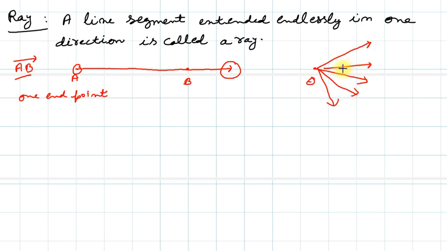So how will we name them? A, this is the endless point, B, C, D, E. So we can draw any number of rays with the same initial point.